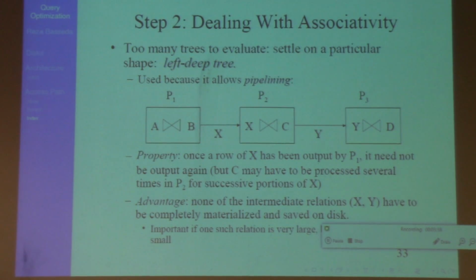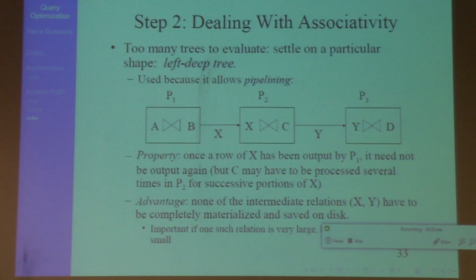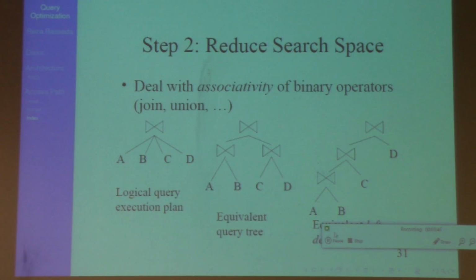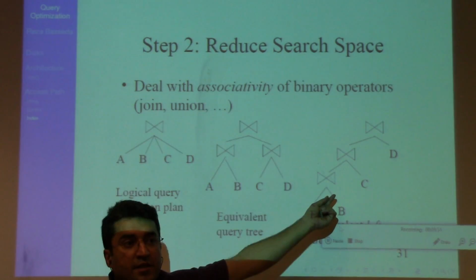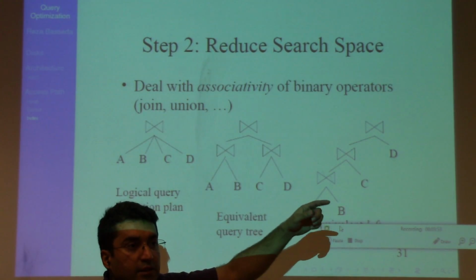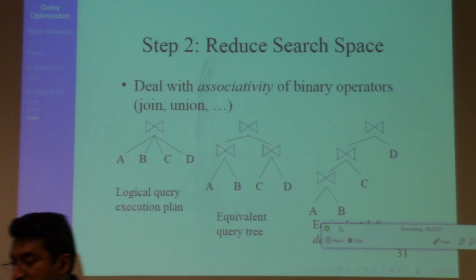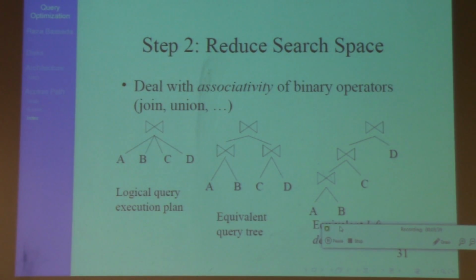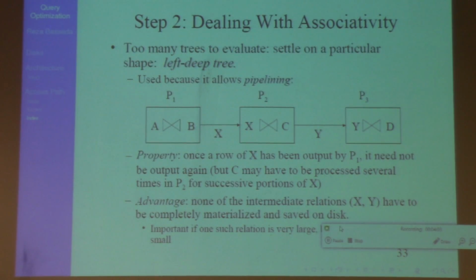What was the pipeline? Keeping the result, not writing the result on the disk. Which one gives us the pipeline? This one, right? You compute the join of this, then pipeline with C, then join with C, then pipeline with B. So we can use this heuristic and just choose the left deep tree. Okay?